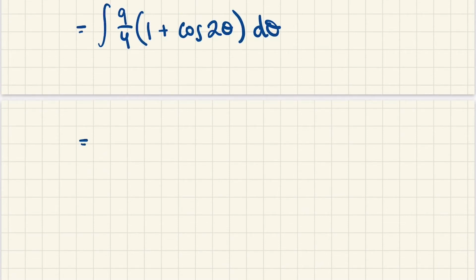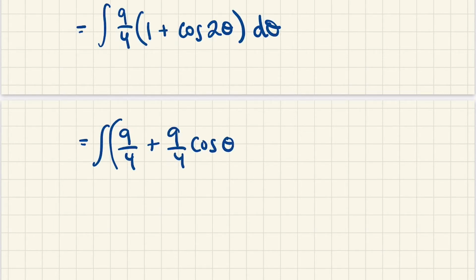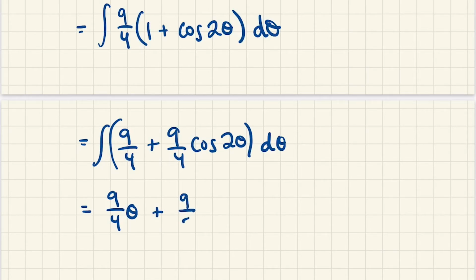And we can distribute the 9/4, so we get 9 over 4 plus 9 over 4 cosine of 2 theta d theta, and we can now integrate, giving us 9/4 theta plus 9 over 8 sine of 2 theta plus c.